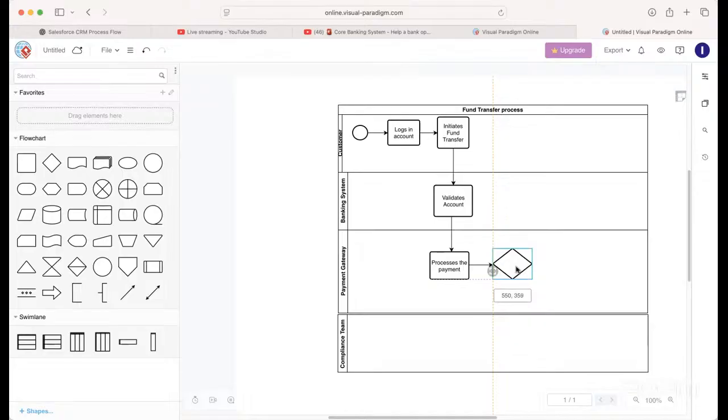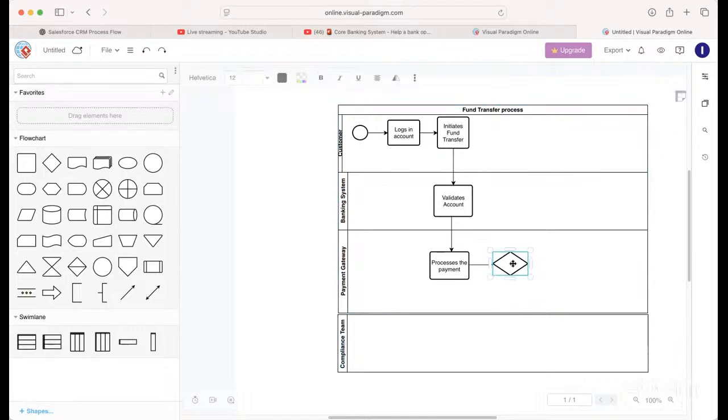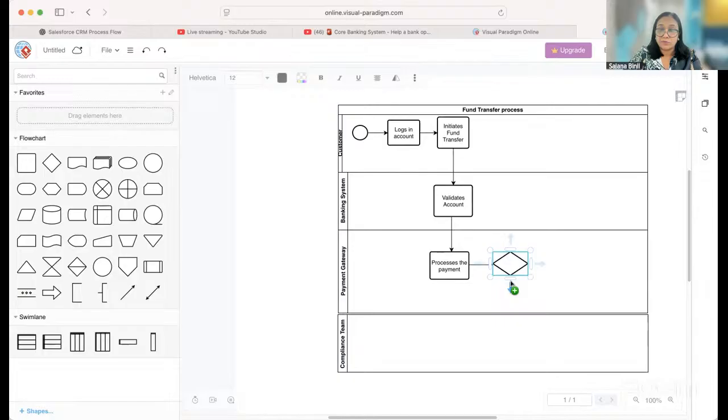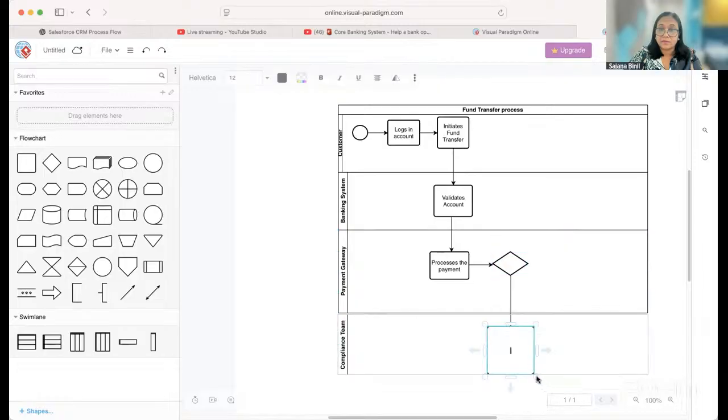So we need to look at it from those two positions. So there might be a success or a failure. So we have two outcomes. So let's say it's success, then it goes for compliance checks, is it?